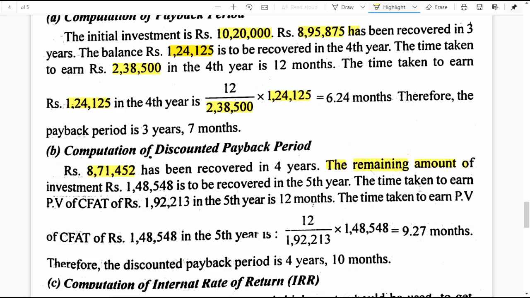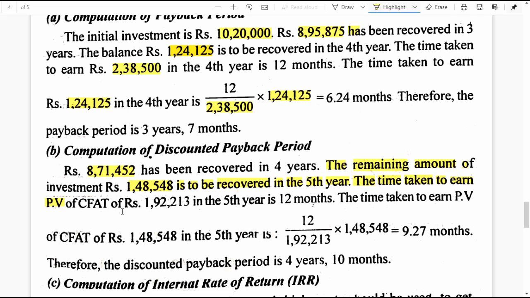The remaining amount of investment, which comes to 1,48,548, to be recovered in the 5th year. How this 1,48,548 is calculated? 10,20,000 minus 8,71,452 will give us 1,48,548.